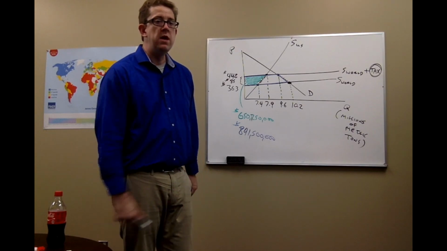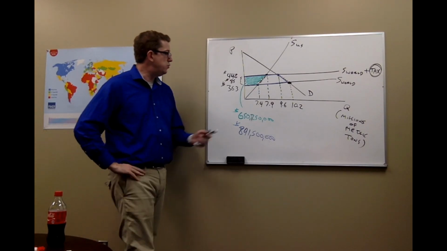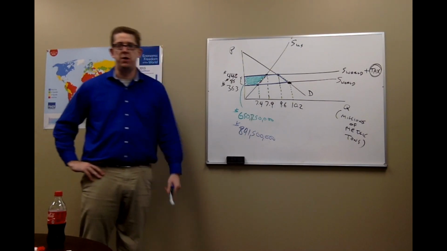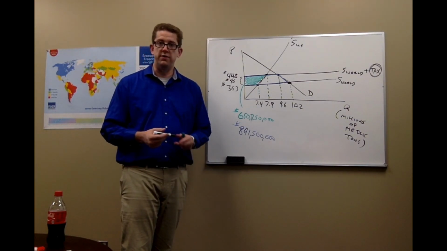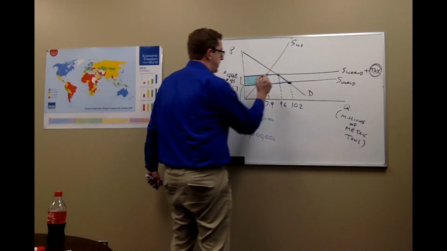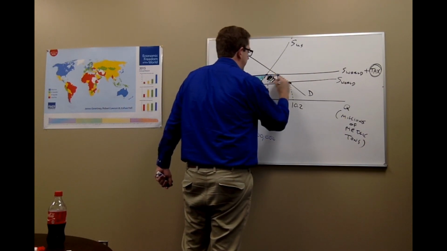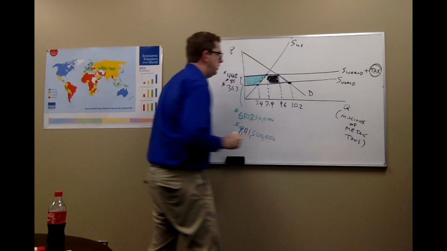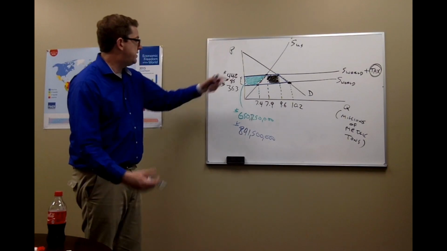Now, in addition to the gains from trade that go to producers and the gains that come out of the pockets of consumers, the government is going to earn some revenue. The government's revenue is going to be equal to the quantity of steel that is imported times the tariff.